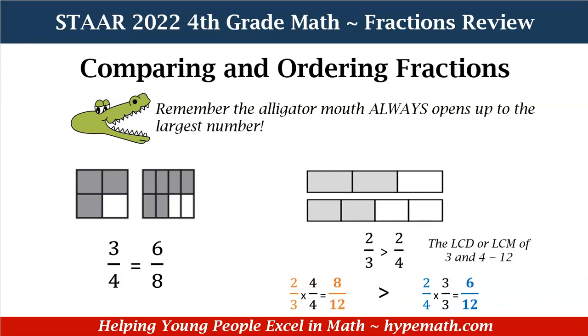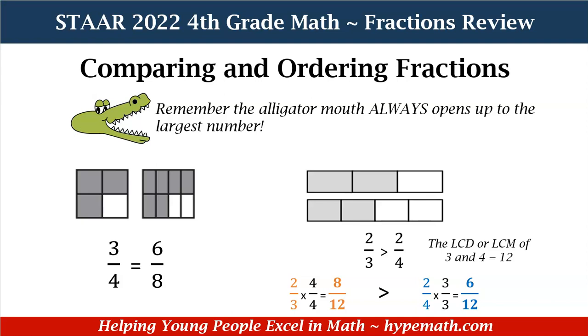Okay, so let's look on the right-hand side at our example. On the top, we have a rectangle with 3 equal parts, and 2 are shaded. 2/3 is my fraction, and on the bottom we have a rectangle with 4 equal parts, and 2 are shaded, and 2/4 is my fraction.